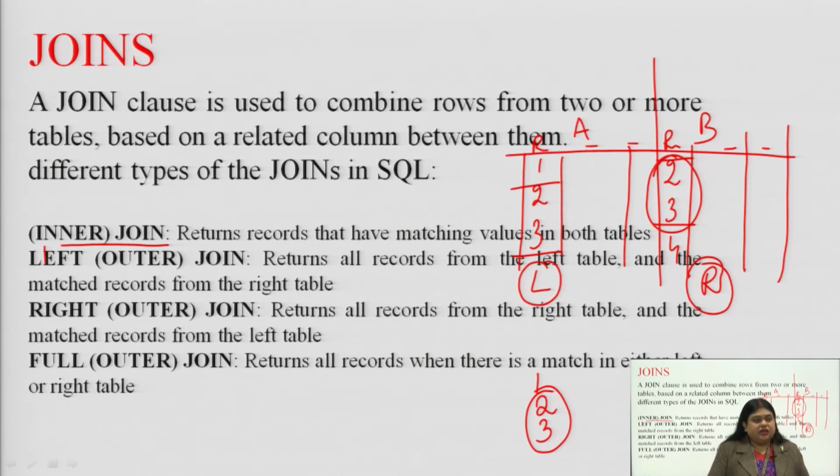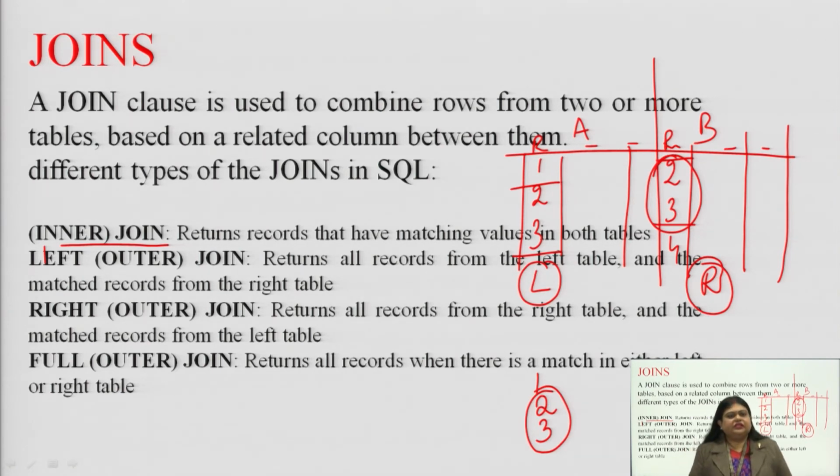Coming to the last option, the full outer join. The full outer join returns all the records when there is a match in either the left or the right table.